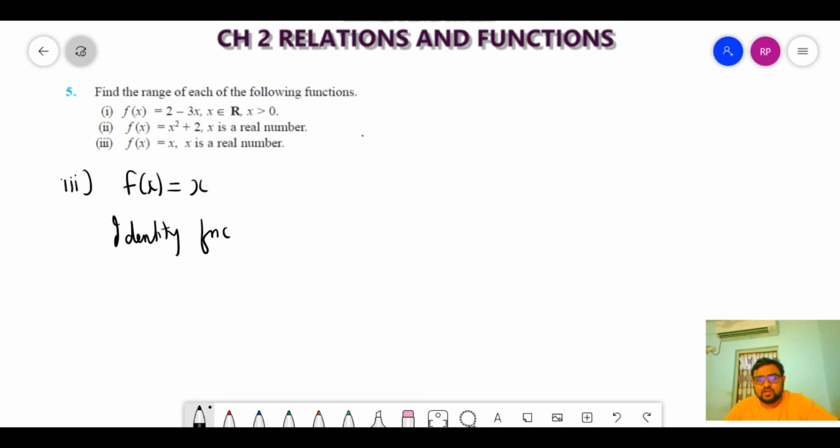So whatever value of x we take, we will get that answer in the function. And here it is given x is a real number. So this implies that the range of the function will be equal to R, because the domain is R and f(x) is x, that is the identity function. This was about the third part. So just note it down.